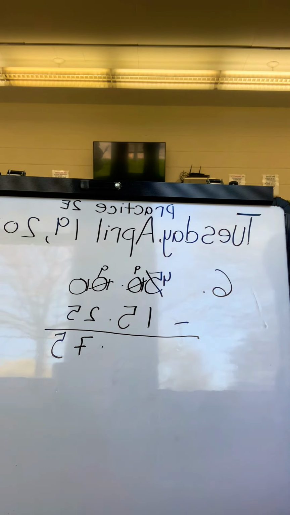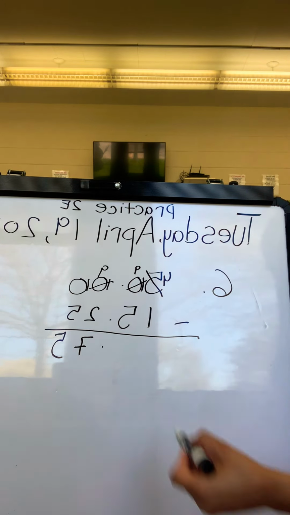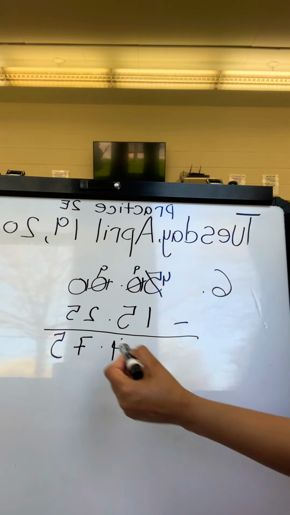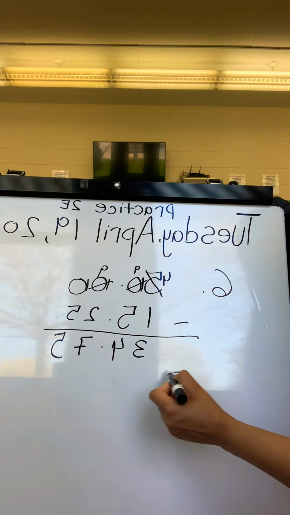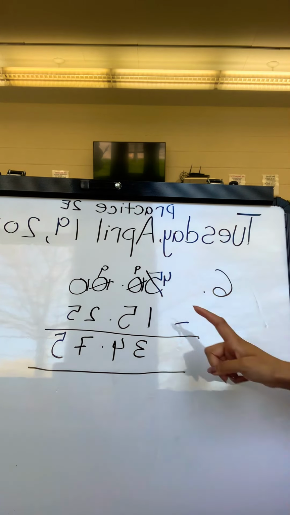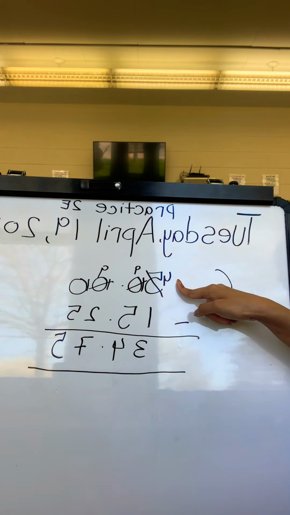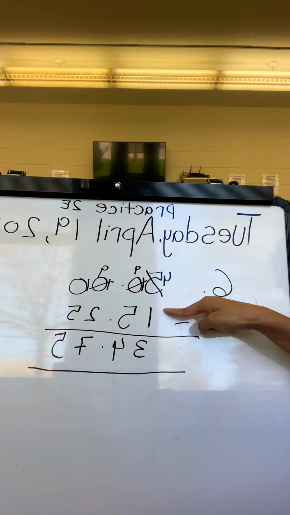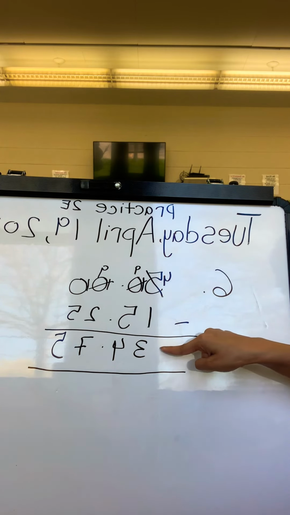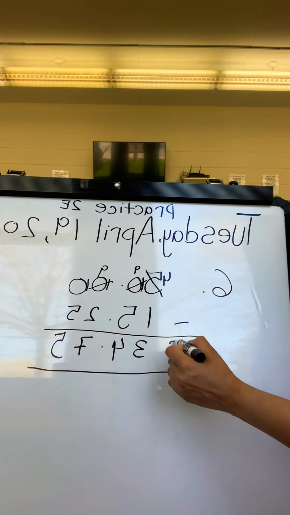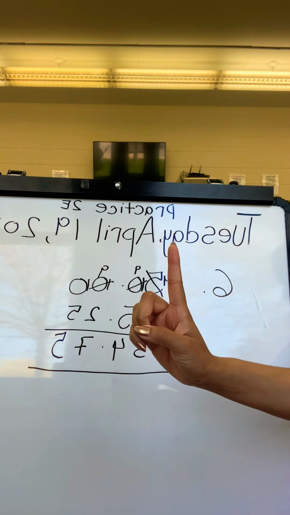I write that down. 9 take away 5 gives me 4. And 4 take away 1 gives me 3. So he paid $50. He received 15.25 back, which means he spent $34.75. That's the first part of the problem.